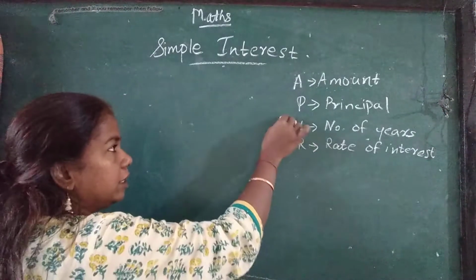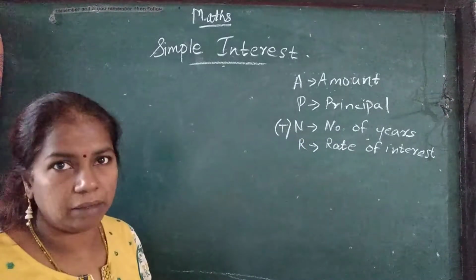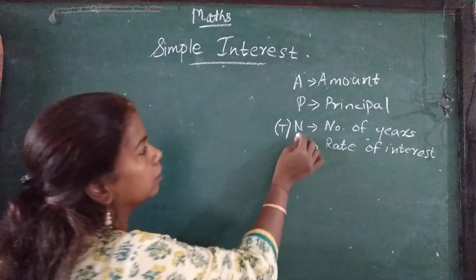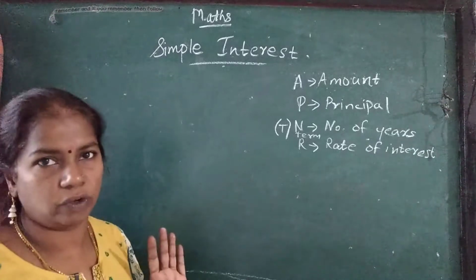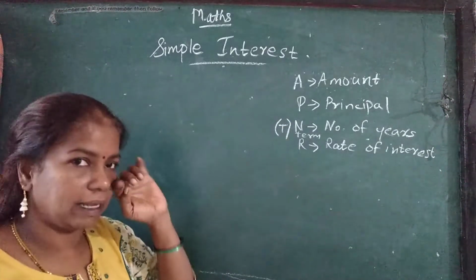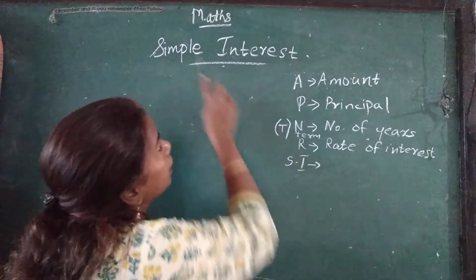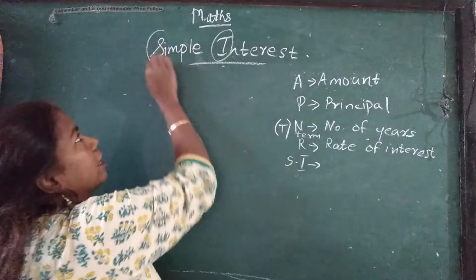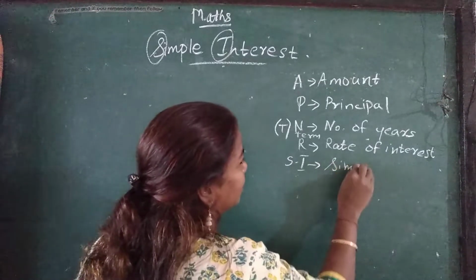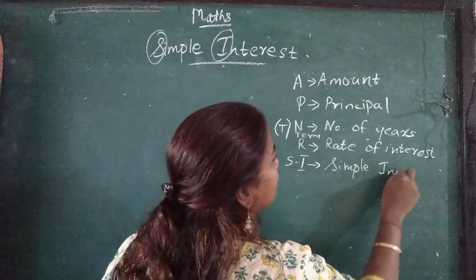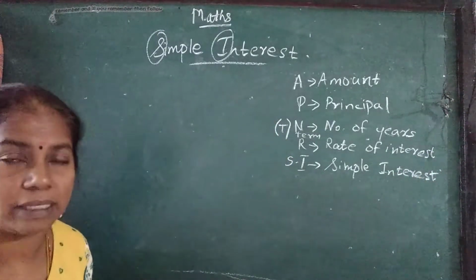I am repeating, instead of N, in some textbooks they write T. T means term. Whichever is there in your textbook, you follow that. A, P, N, R. And one more term is SI. SI, what? Simple interest. Very good. You are so attentive. SI stands for simple interest. Understood the terms?